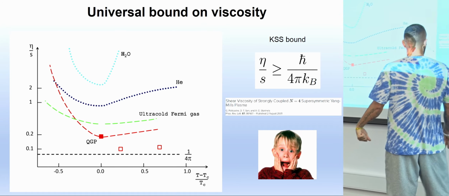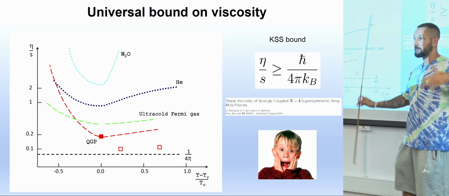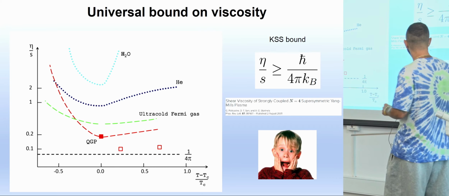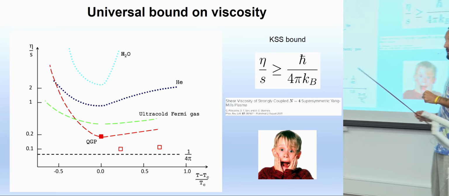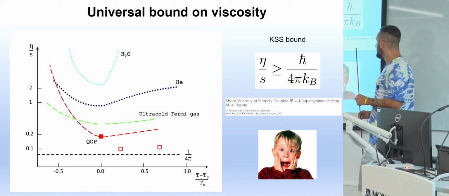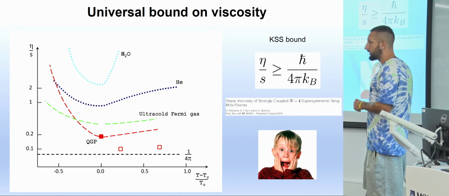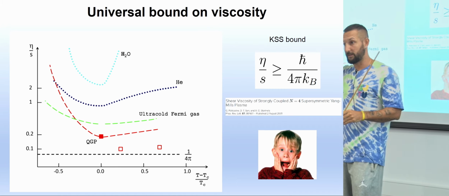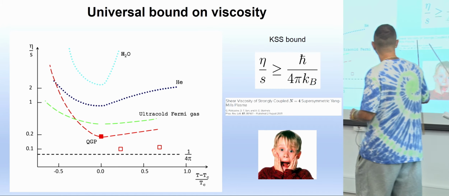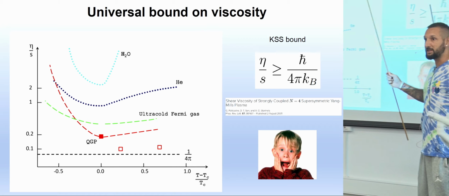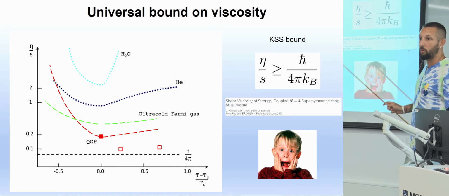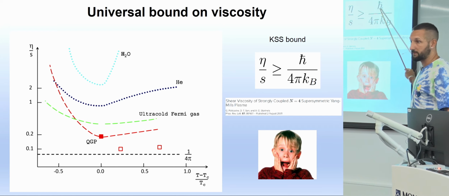Now, why does this relate to black holes and astrophysics and gravity? It relates because in 2001, there was a paper by this gentleman that claimed that using some fancy field theory that are related to black holes, I will tell you in a second why they're related to black holes, they can prove that whatever system in nature that you can consider, the viscosity divided by the entropy of this system has always to be larger than this number here.